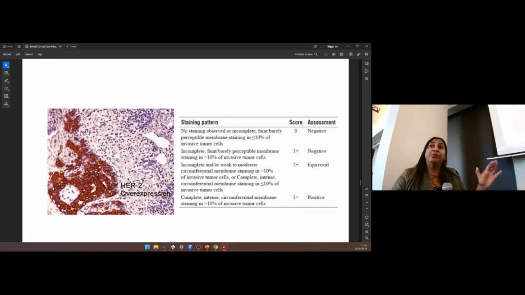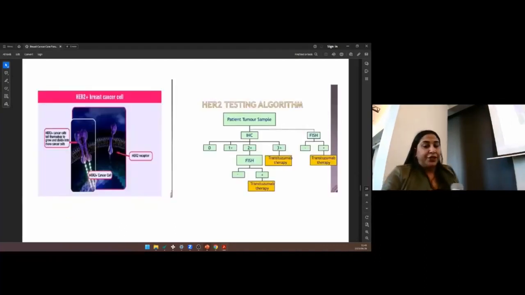So it's very important that we in the lab also make sure that we have the correct setup for accurate HER2/neu determination. So what do we do if a clinician or the breast team requests us to do a HER2/neu investigation?